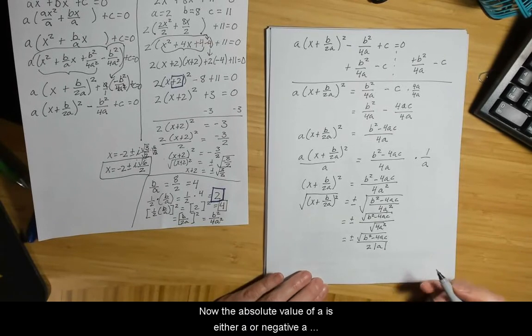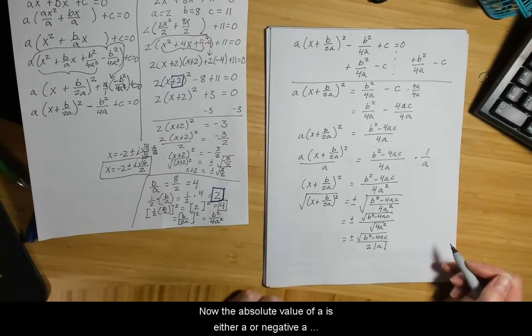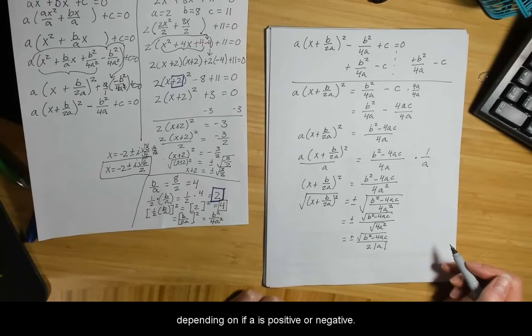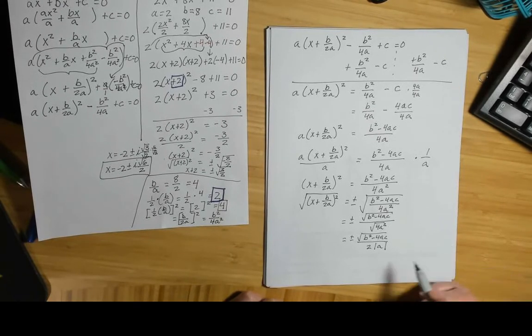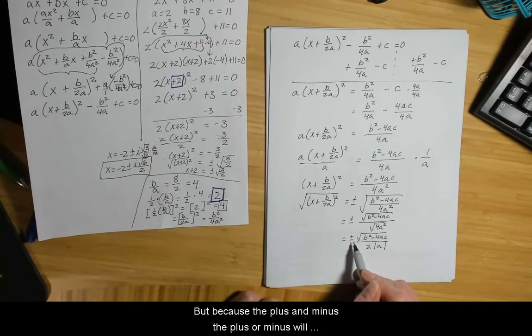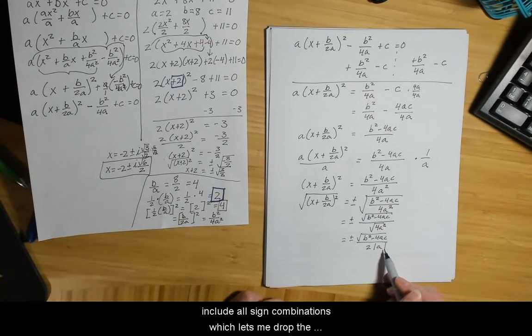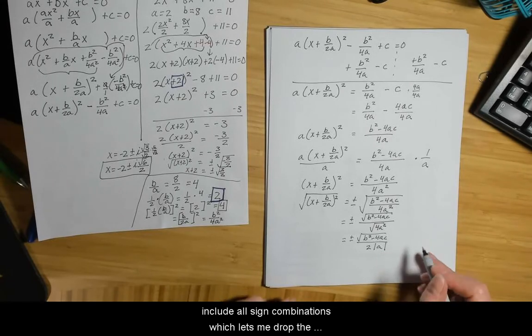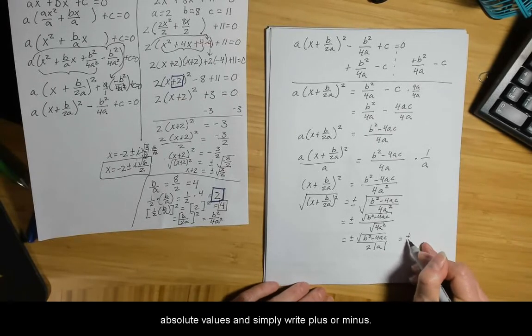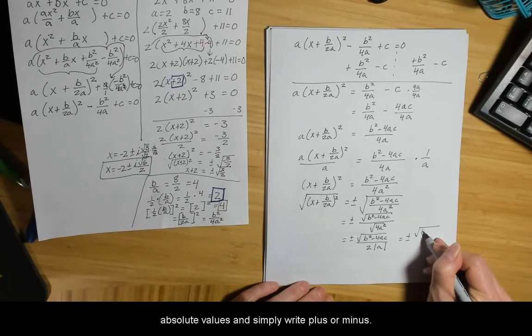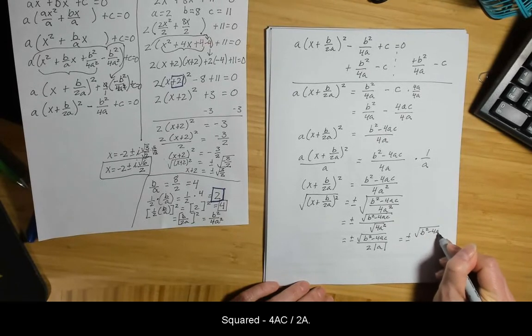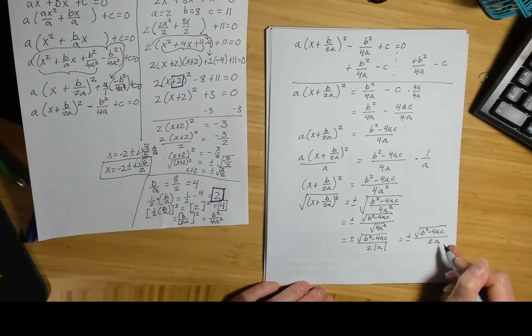Now, the absolute value of a is either a or negative a, depending on if a is positive or negative. But because the plus or minus will include all sign combinations, I can drop the absolute values and simply write plus or minus the square root of b squared minus 4ac divided by 2a.